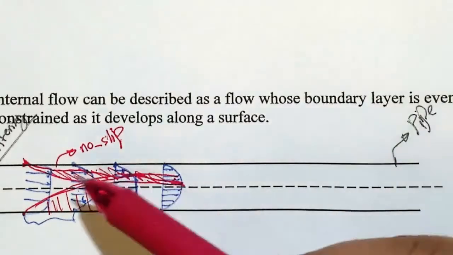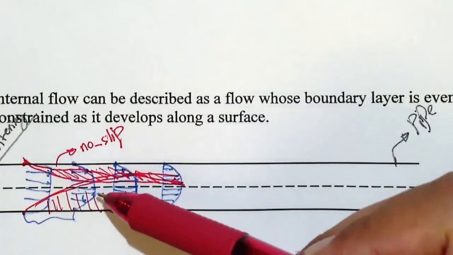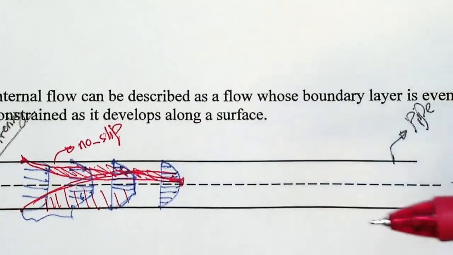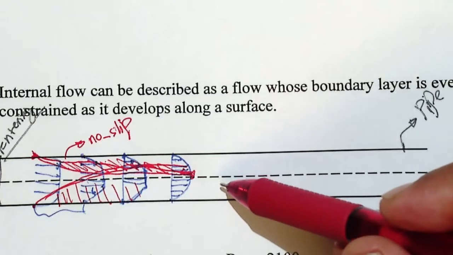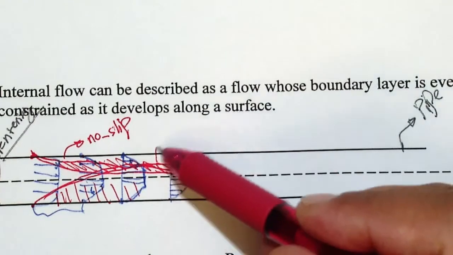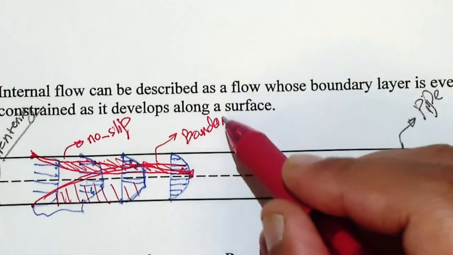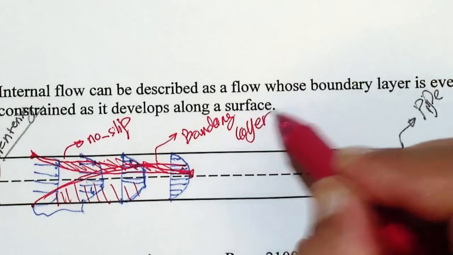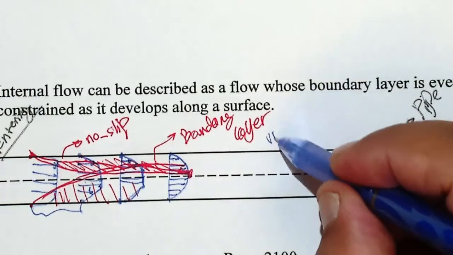Okay, so at first its boundary layer starts here, then grows and grows to reach the center of the pipe. That's all boundary layer, and in the boundary layer it means that the flow is not inviscid, or you have viscous flow.